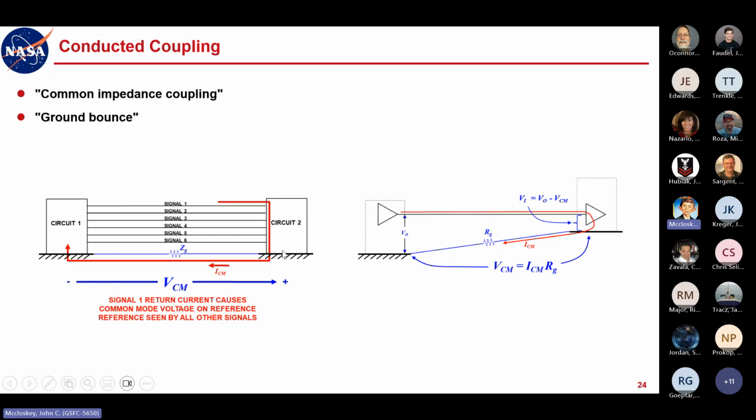And if that potential difference is significant enough, it can compromise the performance of your receive circuit. If it lifts the ground reference with respect to the signals that you're transmitting, you can get signal errors. And if it's a digital system, it can cause bit flips, which can cause your system to not work anymore.